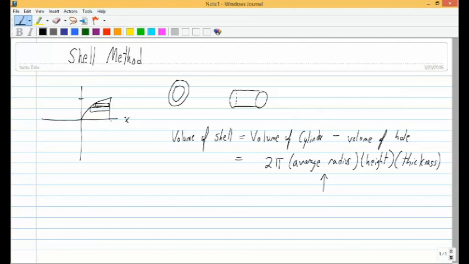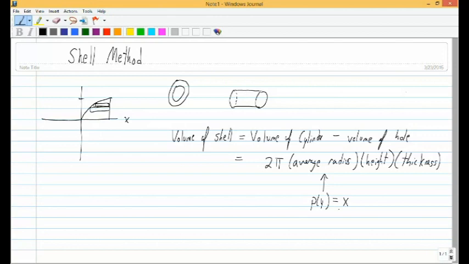So it's really just a function of y if you're going around a horizontal axis of revolution. So we say it's going to be some p of y, which if there's no space in between the axis that I'm revolving about and the actual shells, there's no missing space, then most of the time this p of y, if you're going about a horizontal line like this, is just going to be x.